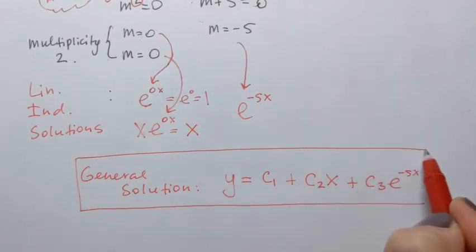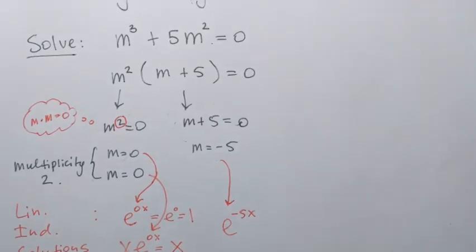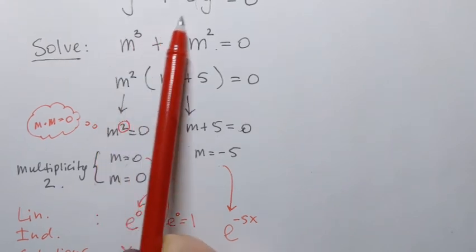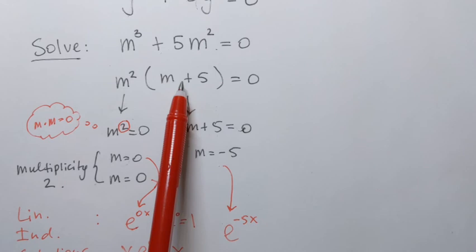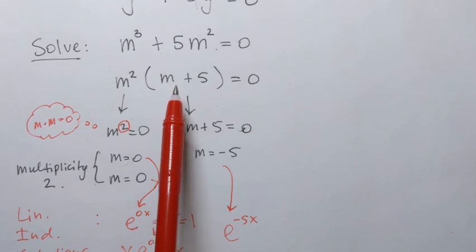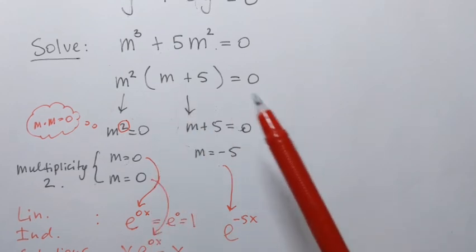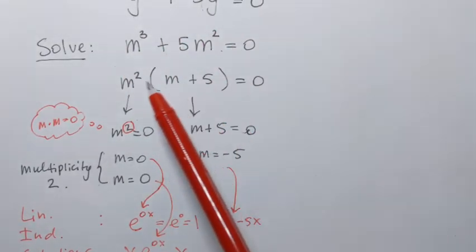So once again, real quick, the process is: step 1 is to obtain the characteristic equation. It's going to be an nth degree polynomial equation. Solve that. If you can factor, that's the easiest method. Sometimes you can't. We'll see that in the next example. You obtain all solutions to that nth degree polynomial equation.